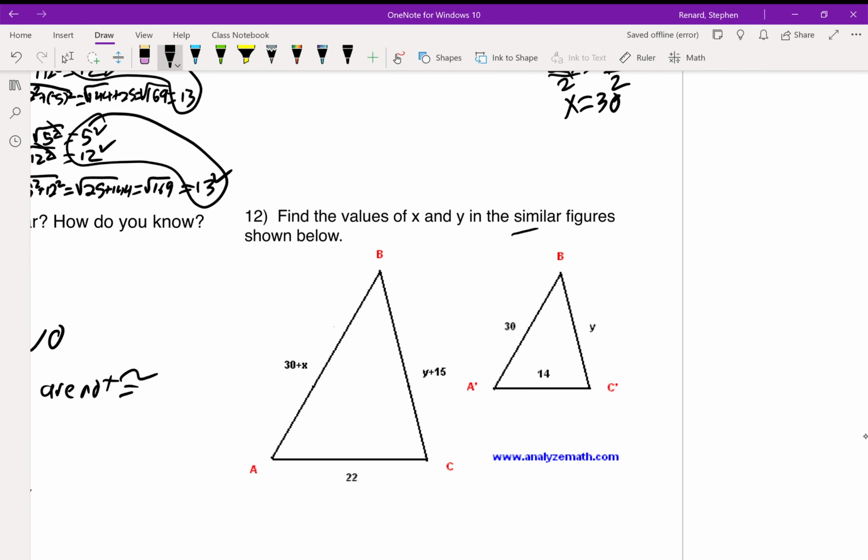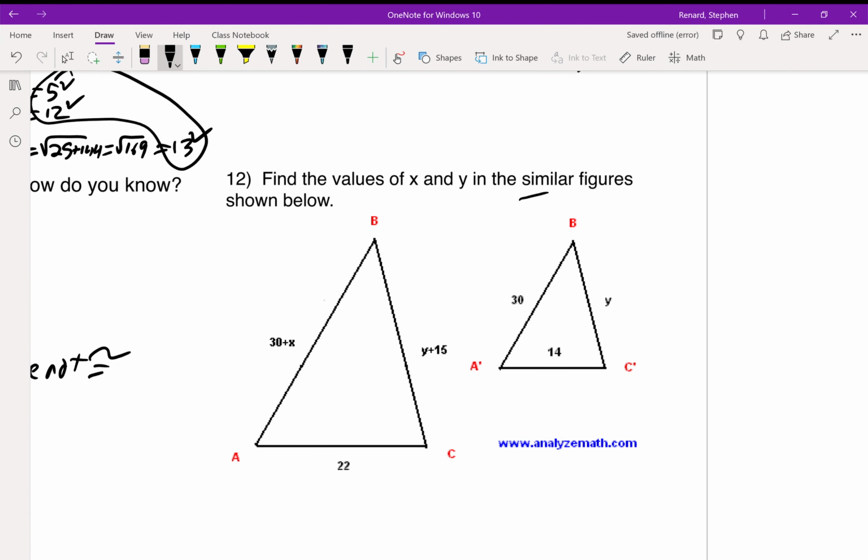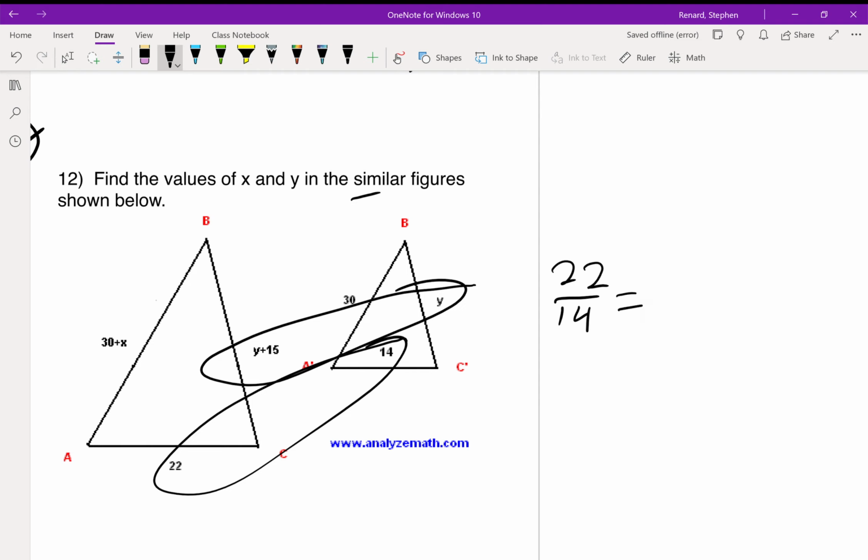Find the values of x and y in the figures below. So we know that these two we have here are similar. So we know that the relationship between 22 and 14 is going to be the same as between these two, equals y plus 15 over y.